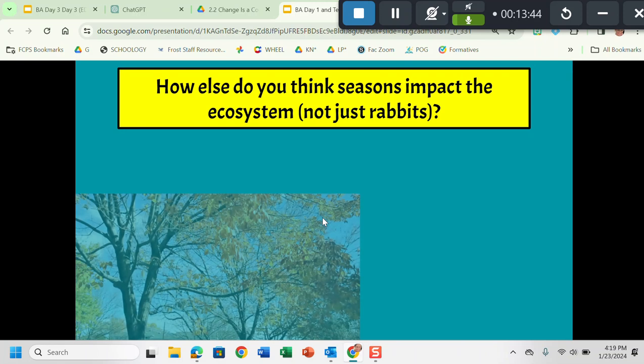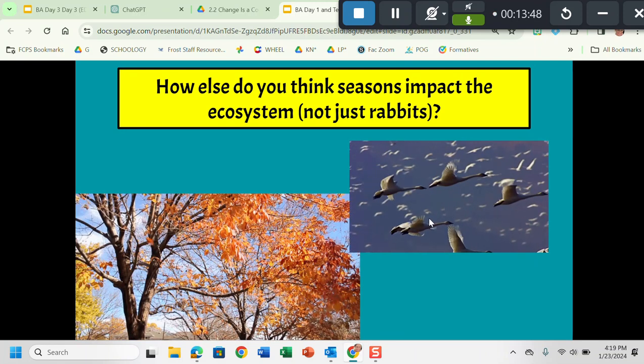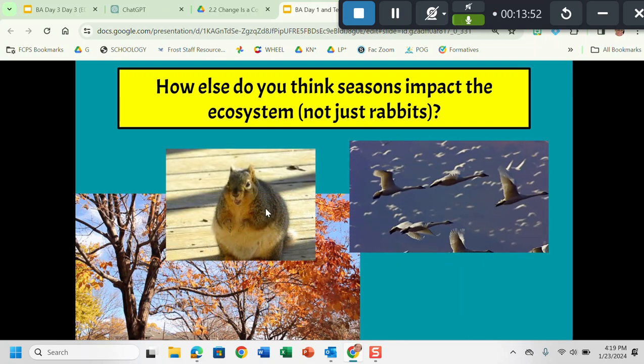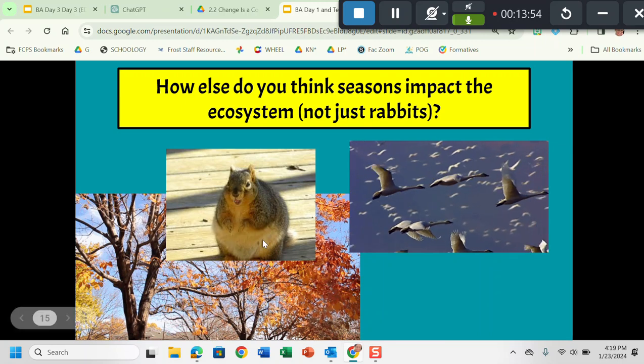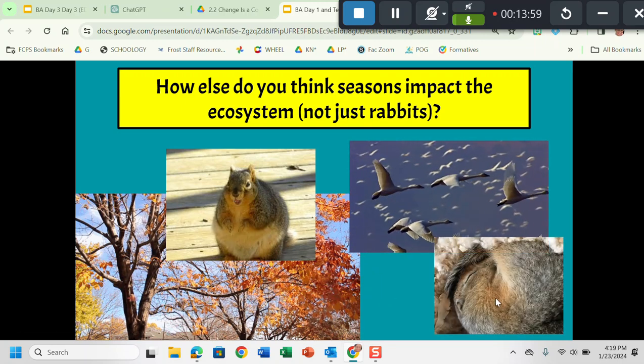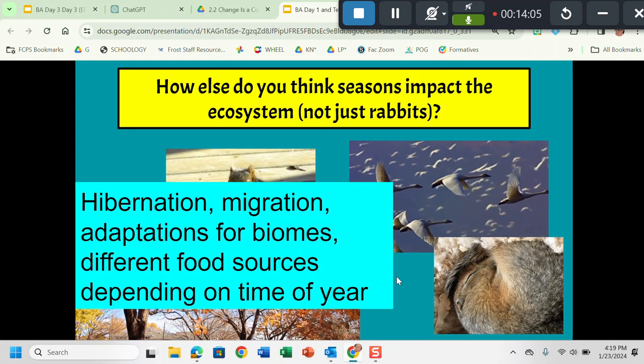All right, how else do you think seasons impact ecosystems? Not just rabbits, but ecosystems in general. So we have fall, we have migrating birds, we have a big healthy looking squirrel there. We have some animals that are going to hibernate. We have some animals that are going to migrate because of the seasons.